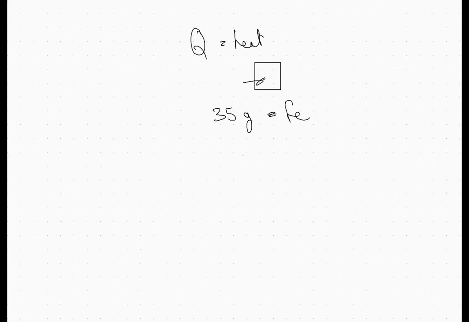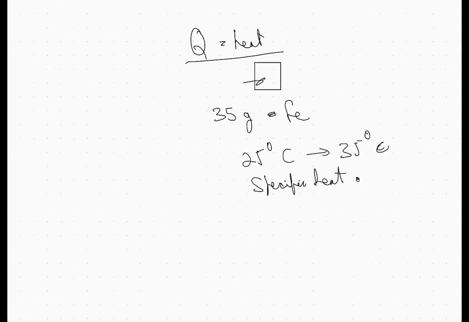Asking how much heat, but they have also given specific heat capacity or specific heat of iron as 0.444 joules per gram per centigrade.